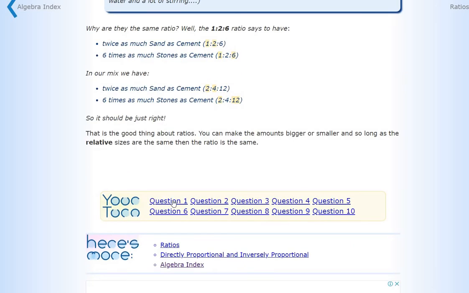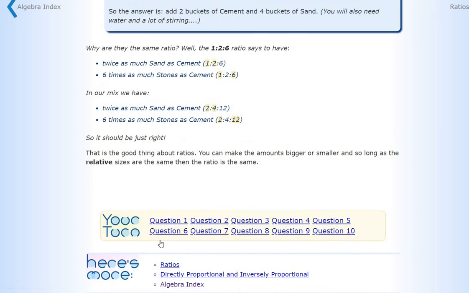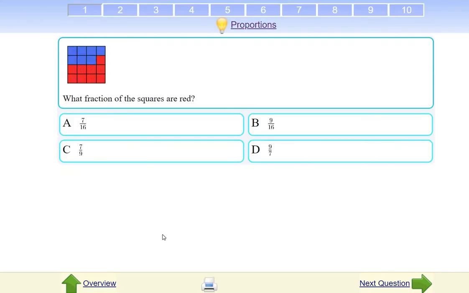Do you have any questions before we move on to the exercises? No. Great. Let's answer question number 1. What fraction of the squares are red?